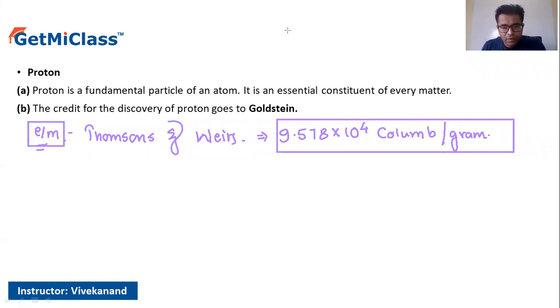Further, we can calculate the mass of the proton.